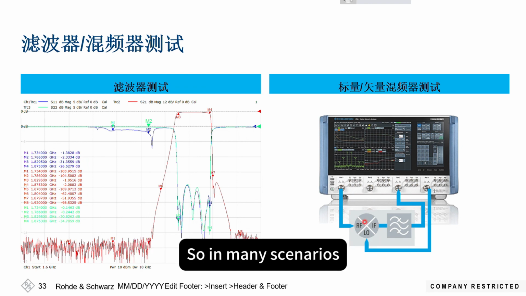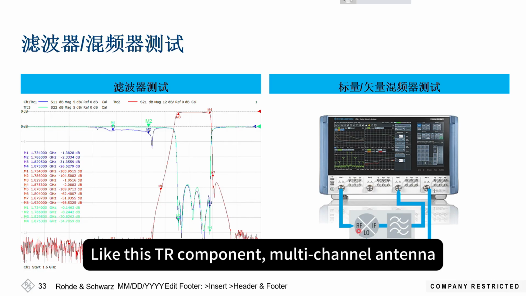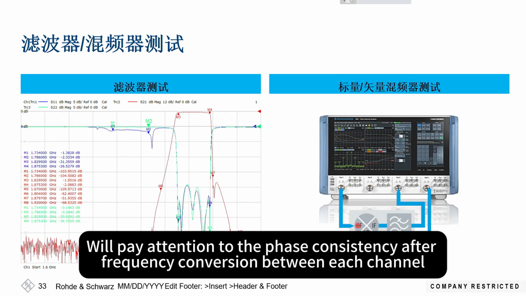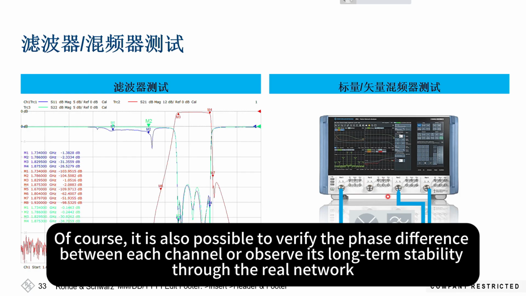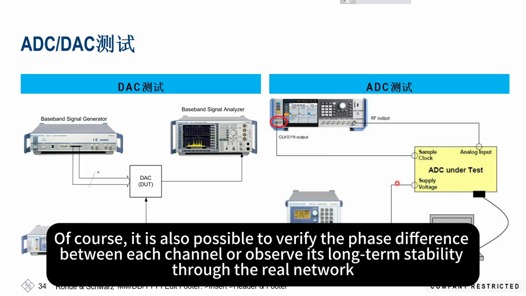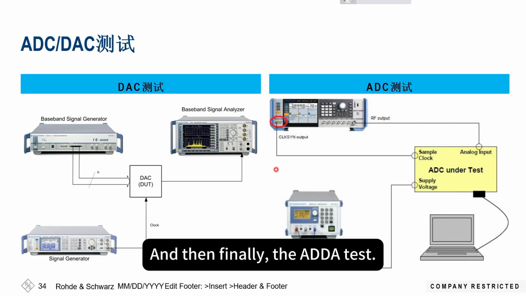So in many scenarios, like this TR component, multi-channel antenna, we'll pay attention to the phase consistency after frequency conversion between each channel. Of course, it is also possible to verify the phase difference between each channel or observe its long-term stability through the network analyzer. And then finally, the ADA test.